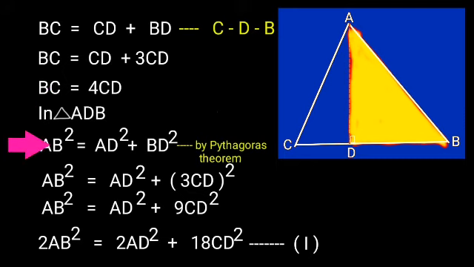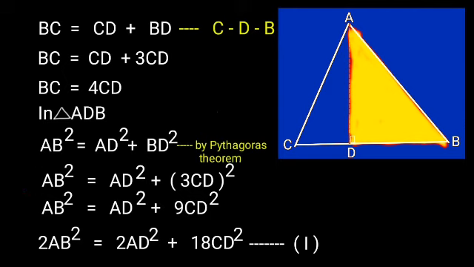In triangle ADB, by Pythagoras theorem, AB square is equal to AD square plus BD square. Hence, next step, AB square is equal to AD square plus BD, which is 3 times CD. Hence, we have substituted this value, (3 times CD) square.